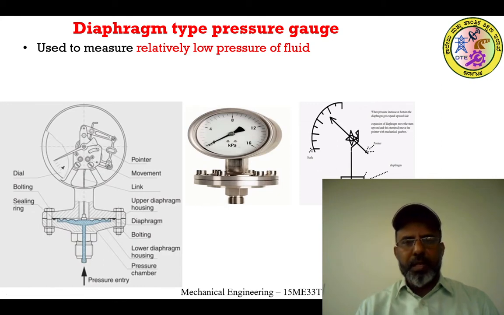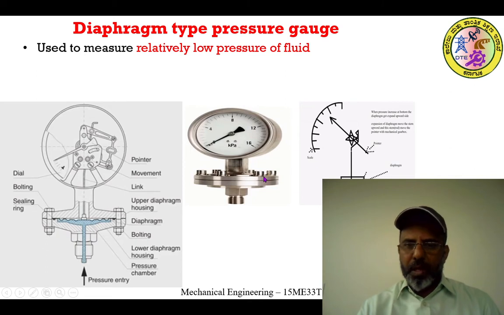The difference you can observe here, this has an upper diaphragm housing and a bottom diaphragm housing, and it has a diaphragm placed between both the upper and lower diaphragm housing. Upper and lower diaphragm housings are bolted to each other.